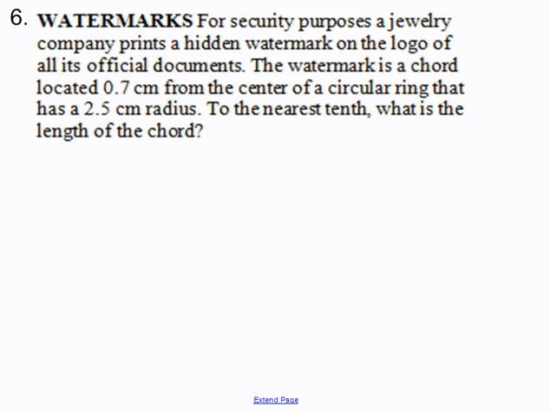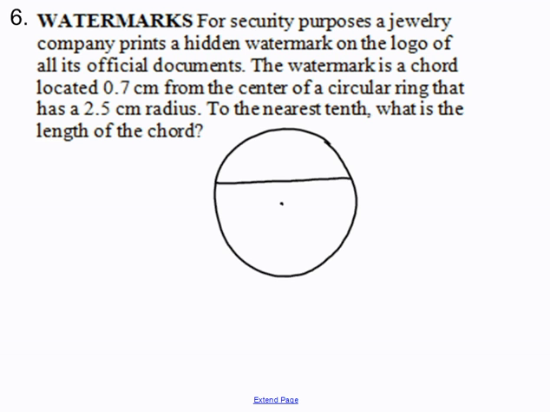Okay, so I'm just going to draw this because it makes more sense. So I've got a circle, and here's the center, and a chord located 0.7 centimeters from the center.